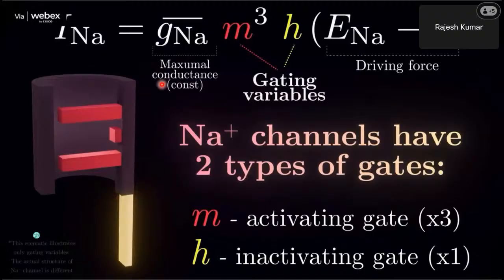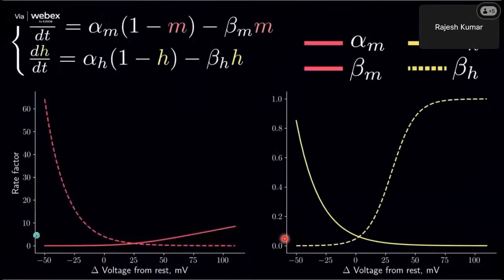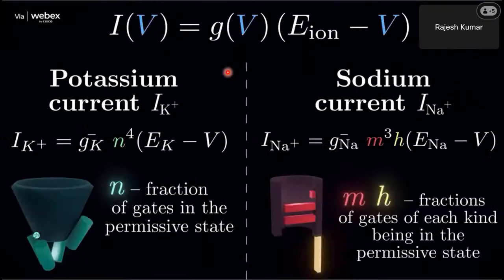So the multiplier here is not n to the power 4, the multiplier factor is m to the power 3 and h. So h is basically the inactivating gate, and m is basically the activating gate. The same kind of equations you will get here, but now the coefficients are different. We have coefficients for beta m and we have beta h. Now you can compare the two.